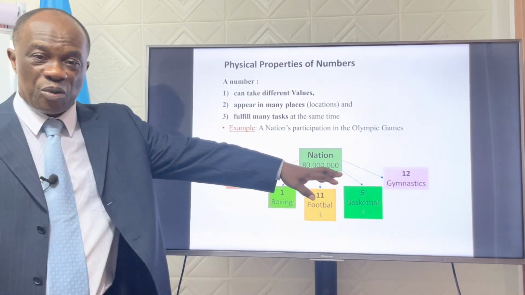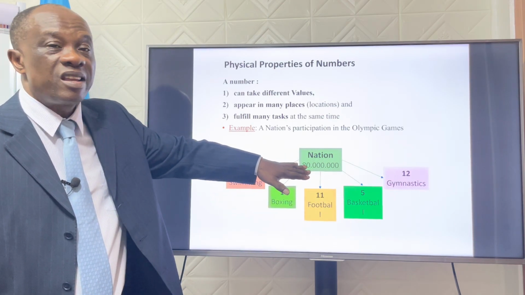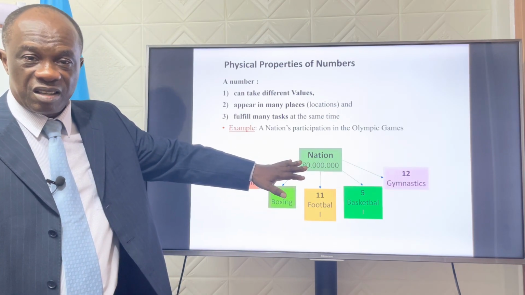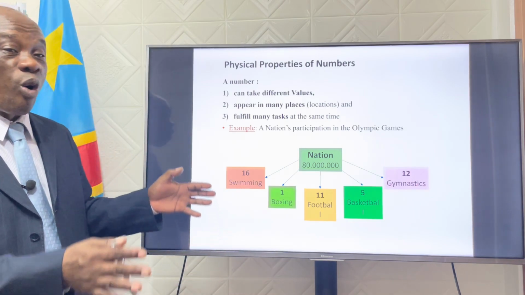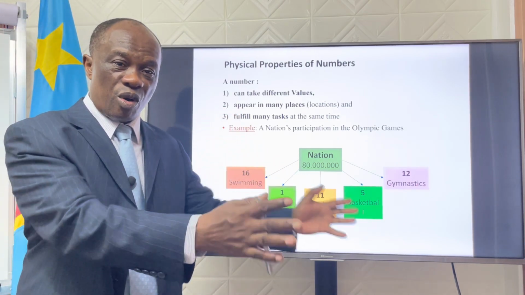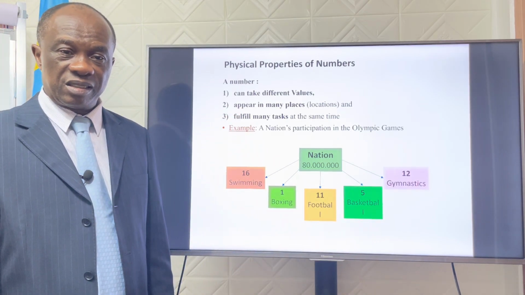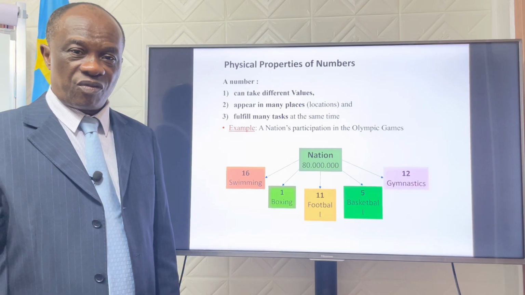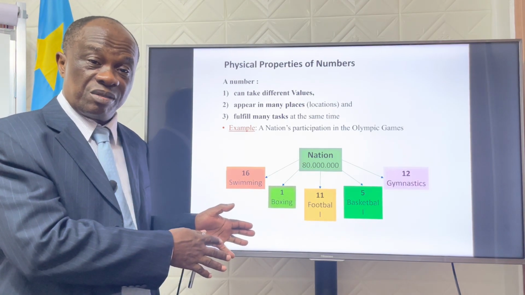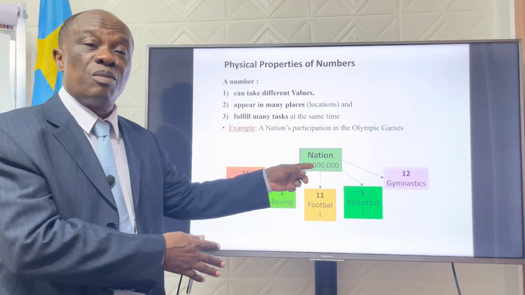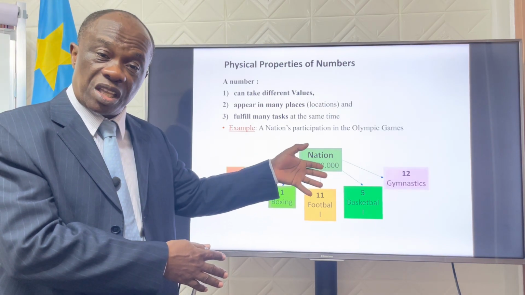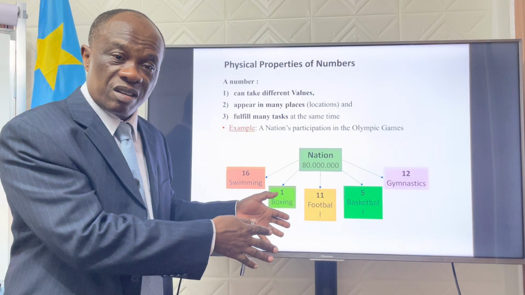Any number you want below 80 million. You can use a whole army, for example, to go and fight a war. That army is the nation of 80 million. Victory or defeat belongs to the nation.